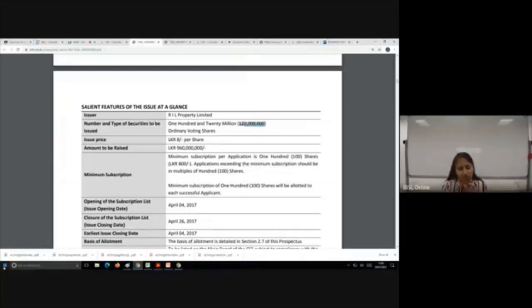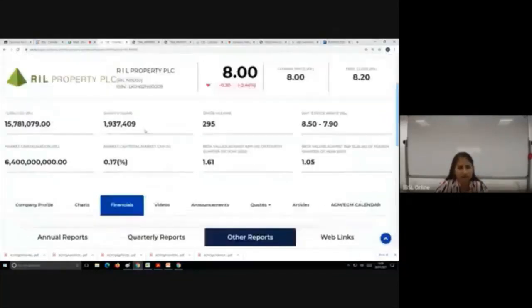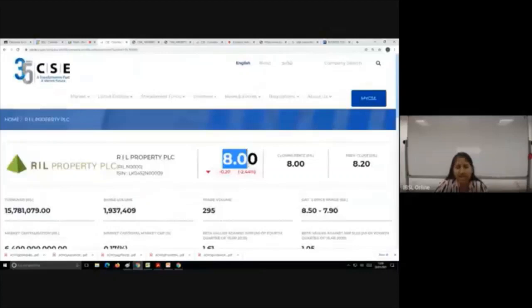So that capital gain opportunity is available for them, if the market price is better than the IPO price. But if you take this company, the market price is again the IPO price itself. It has come down, so maybe when it was higher, but maximum it's on a day range.